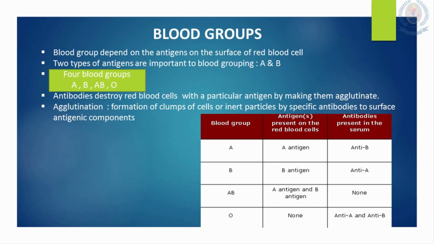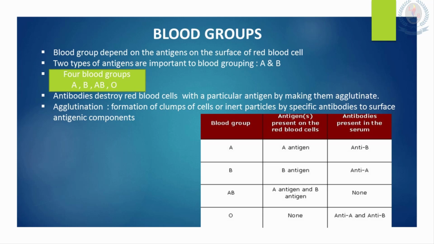B blood group has B antigen and the antibody present is anti-A. AB blood group has A antigen and B antigen, and there are no antibodies. O blood group has no antigens present on their red blood cells, and they have both anti-A and anti-B antibodies.